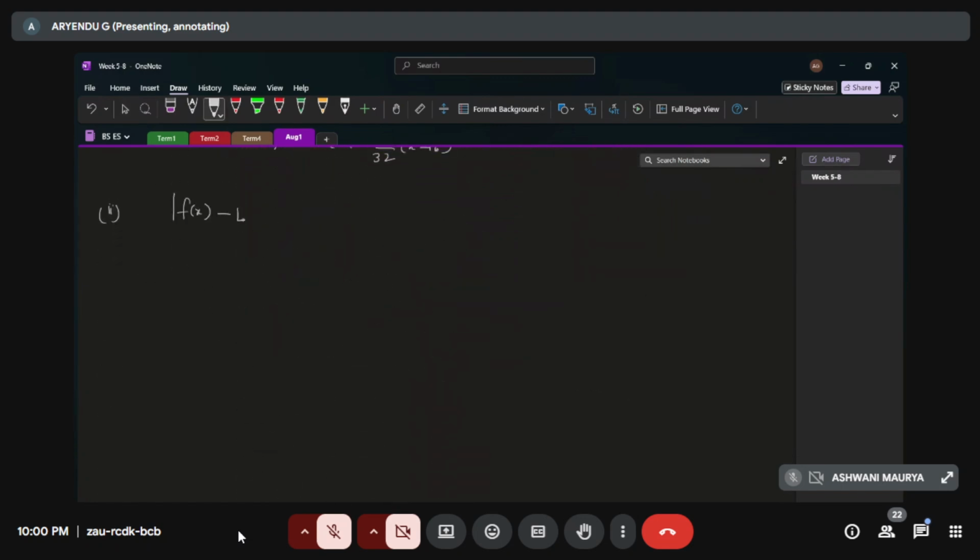So f of x minus L of x will give you the maximum possible value of the error, such that f double dash of u by 2 factorial, which is 2, into x minus a the whole square. So this u, sorry, I'll replace it with x2 itself. This is what I earlier wrote as x2, provided that x2 belongs to a comma x.